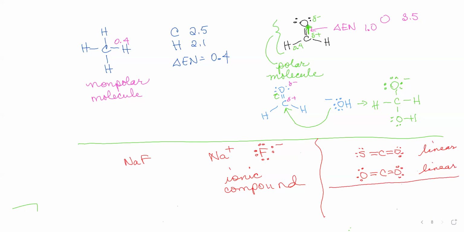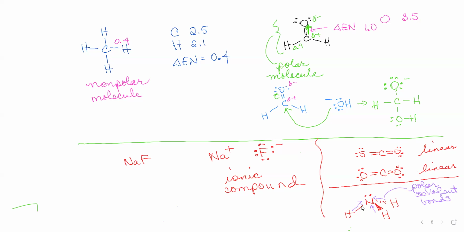If we look at an asymmetric geometry, and we know that the nitrogen is 3.0, so these are polar covalent bonds, they pull towards my nitrogen. We can see that ammonia is a polar molecule.